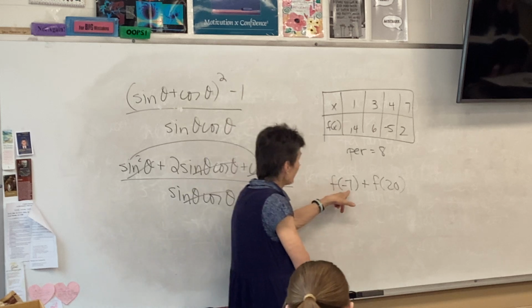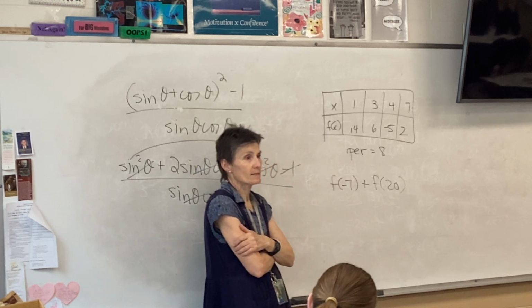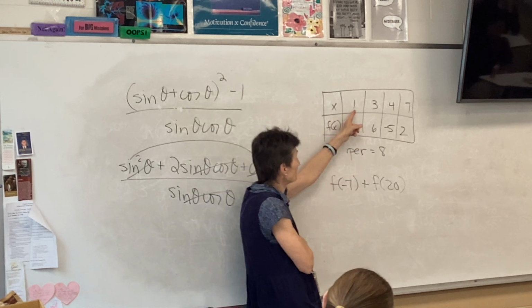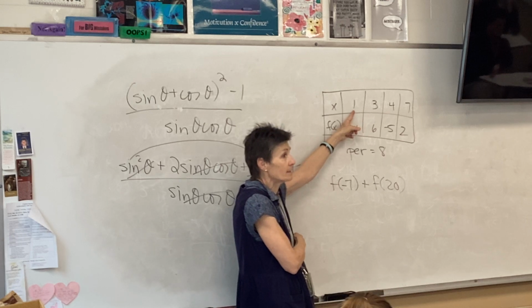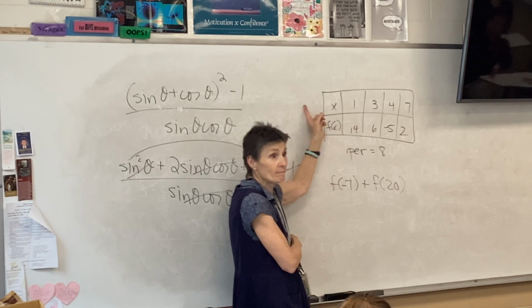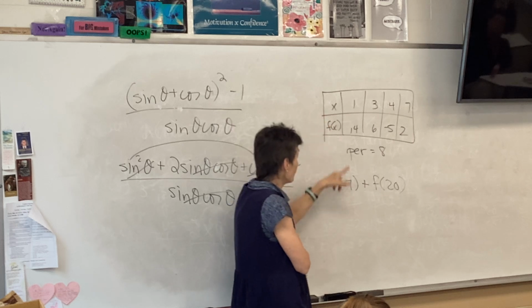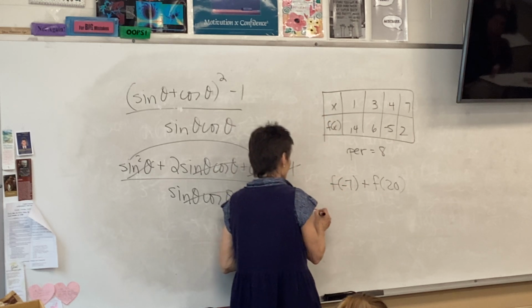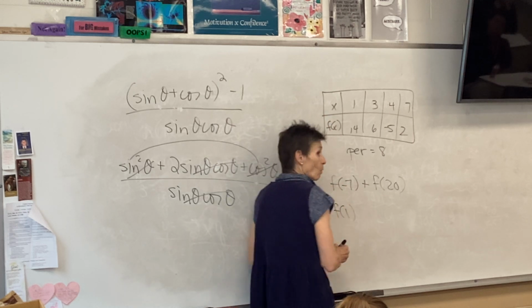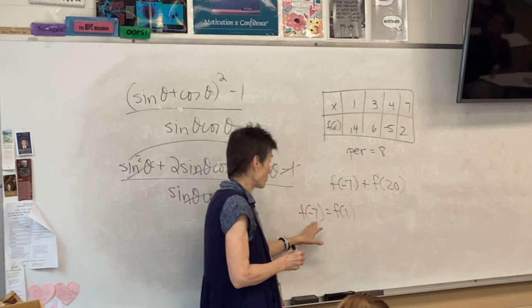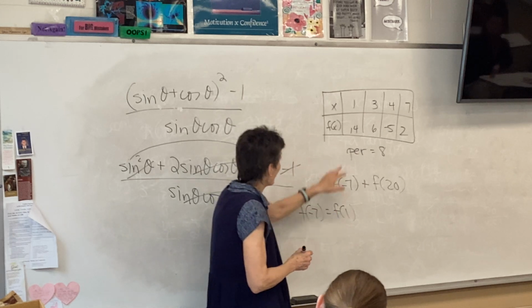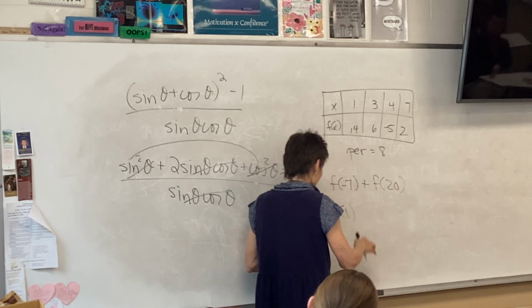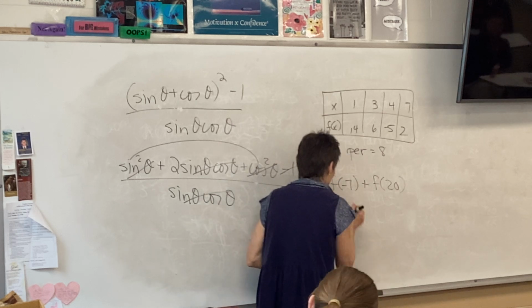Now, f of -7 is pretty easy, isn't it? Because -7 is just one period back from 1. So f of -7 is the same as f of 1, because these are 8 apart. So f of -7 is 14.